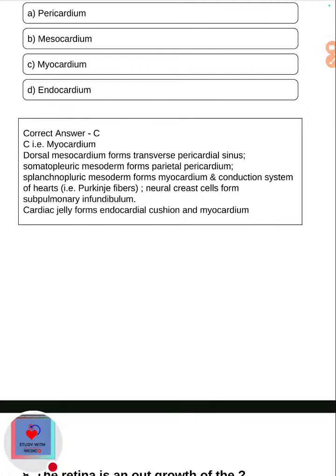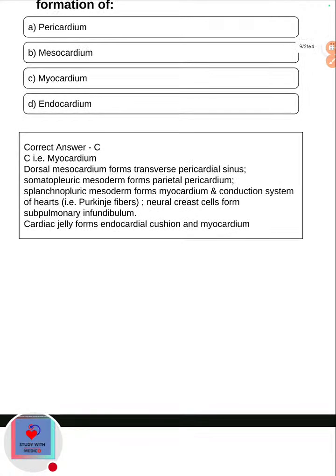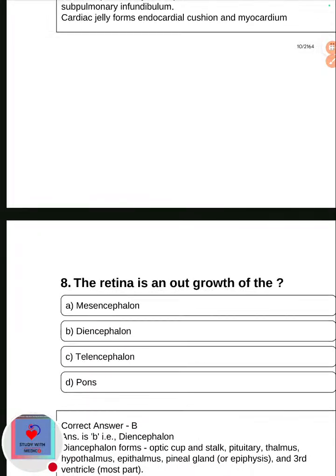Dorsal mesocardium forms the transverse pericardial sinus. Somatopleuric mesoderm forms the parietal pericardium. Splanchnopleuric mesoderm forms the myocardium and conductive system. Neural crest cells form the subpulmonary cardiac jelly and the cardiac tissue membrane.